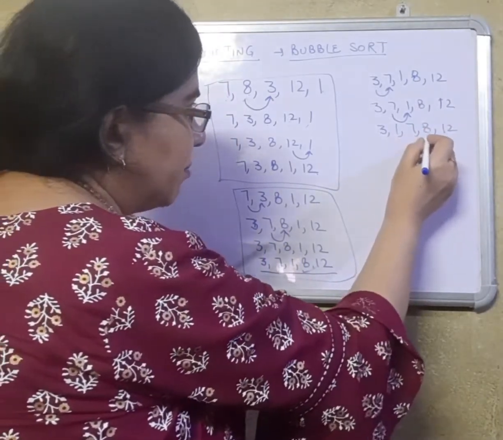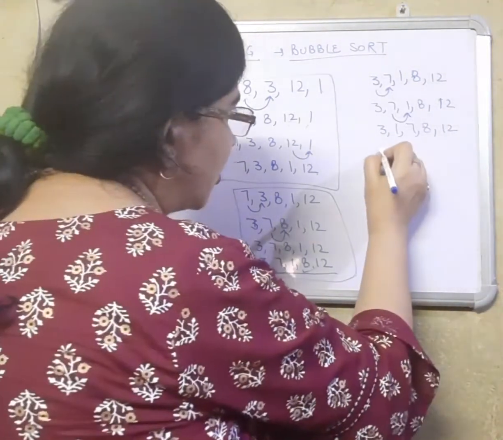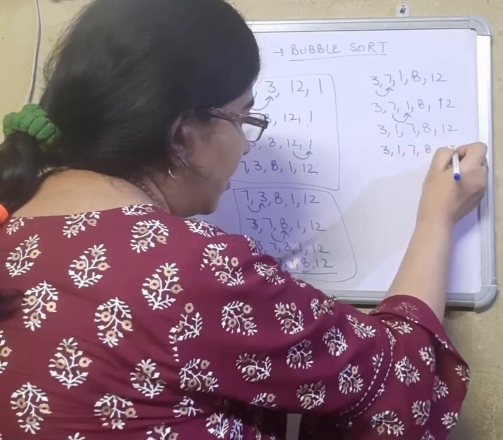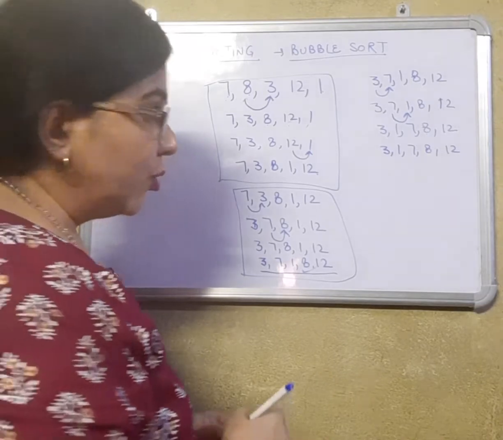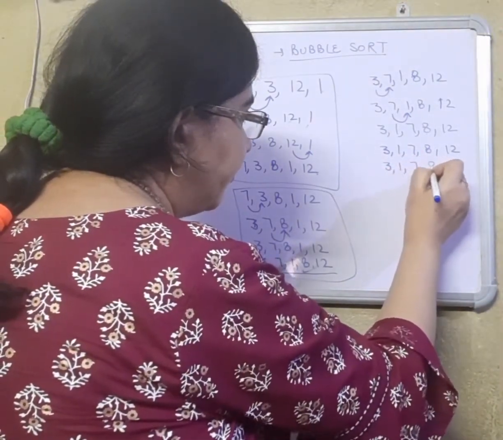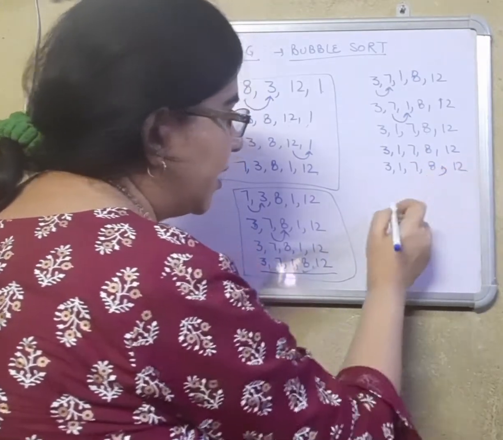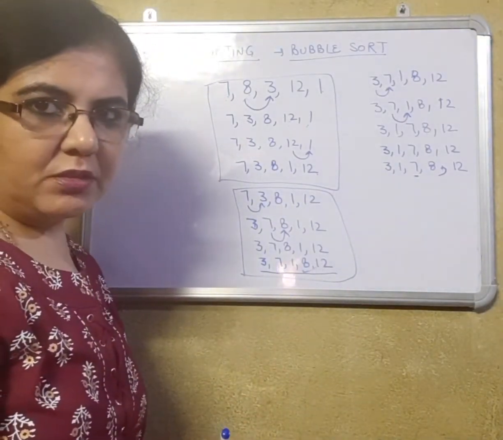Then 7 will be compared with 8. Is 7 greater than 8? No. So it will remain as it is. Then 8 will be compared with 12. Is 8 greater than 12? No. It will remain as it is. So in this third step, we are seeing that the third bigger number 7 has moved backward.